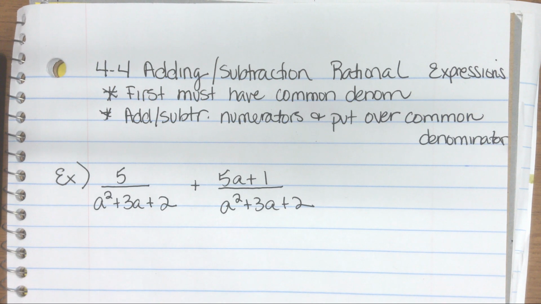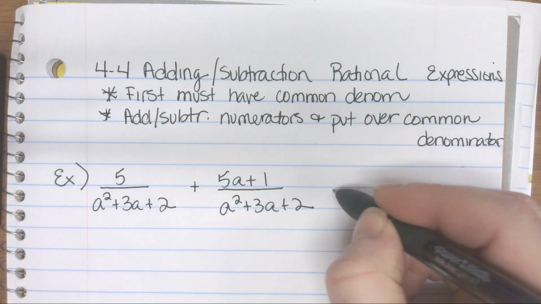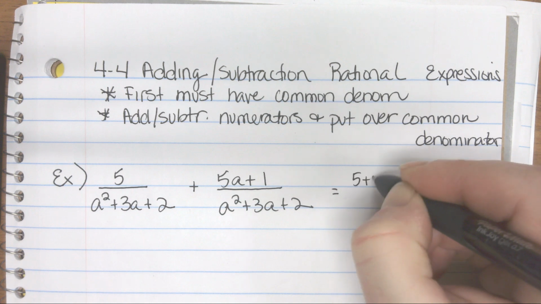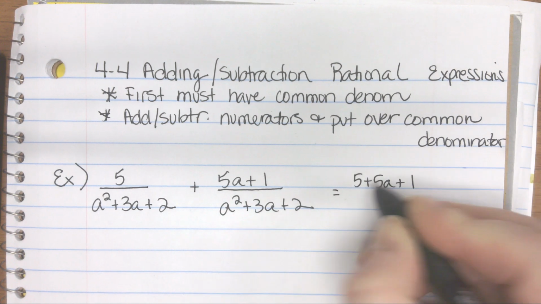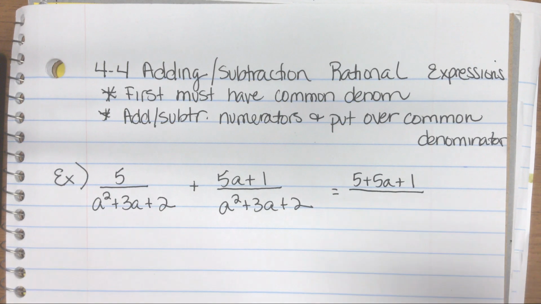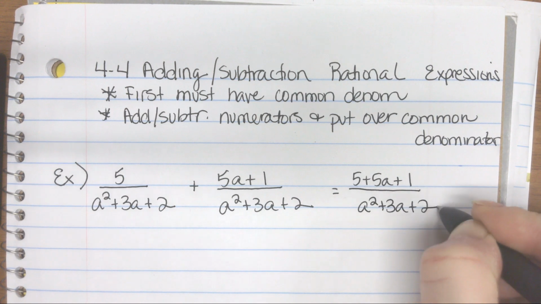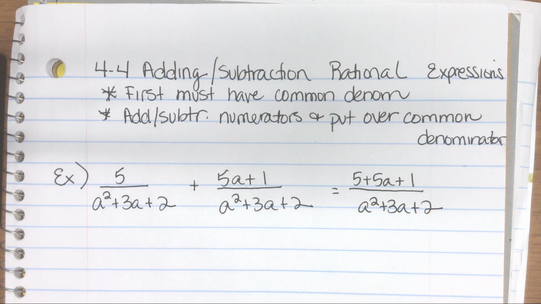To simplify that, I would just add my numerators together. I'm just showing you what I'm doing here. Most of you don't need to write this in between step. And you now put it over your common denominator. Okay, could I simplify my numerator at all?